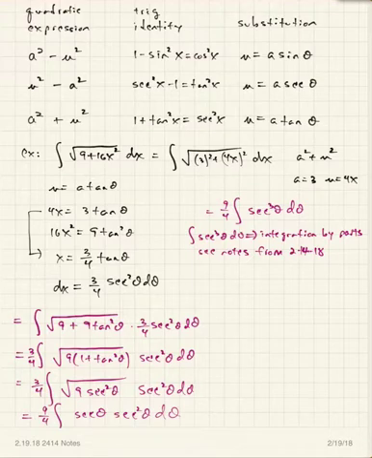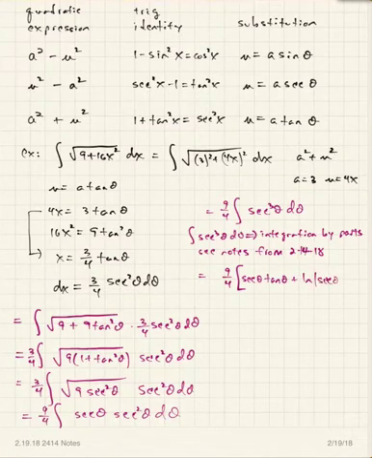And so you end up with 9/4 times the antiderivative for secant cubed. And I'm just going to take that answer from that lecture, which is secant theta tangent theta plus natural log of secant theta plus tangent theta, and then plus c, like that.